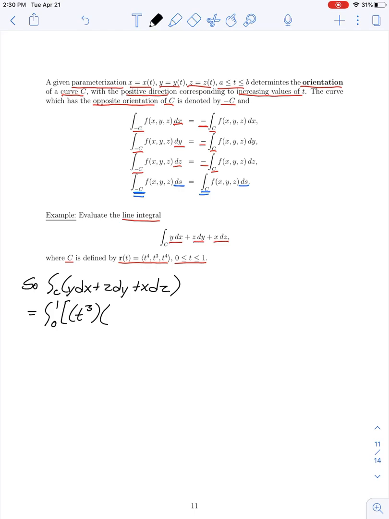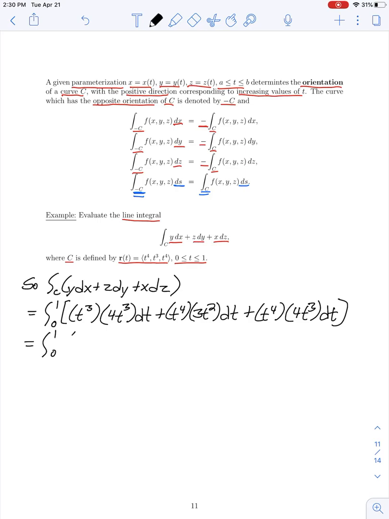Here x is t to the fourth, so dx will be 4t cubed dt, plus for our next term we had z, which is t to the fourth times dy, which here is given by 3t squared dt, plus x, which is t to the fourth times dz. So the derivative of that last component would be 4t cubed. We multiply by the differential of t. And so let's see what we're left with.